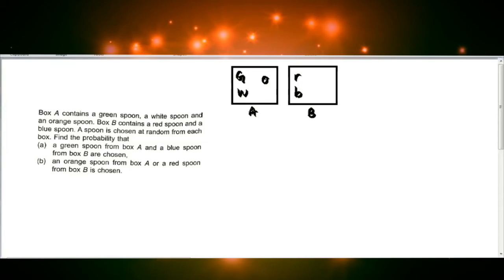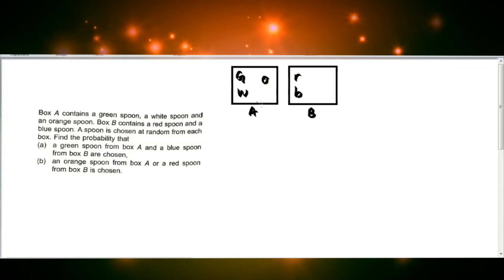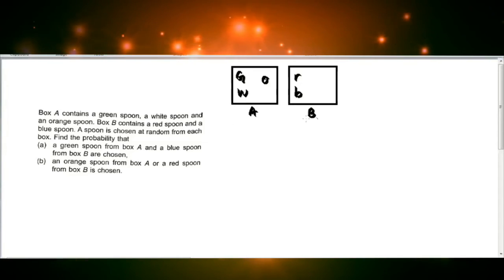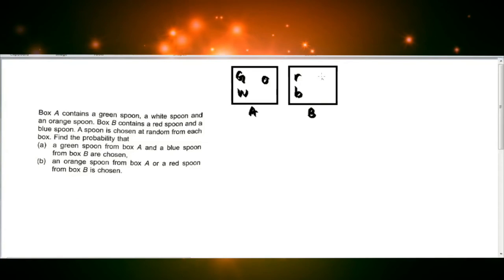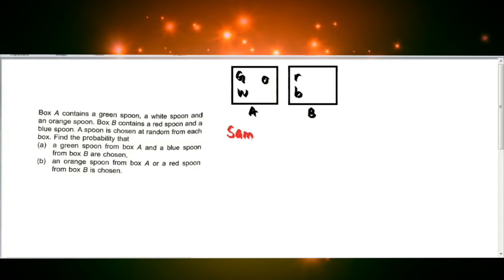Now I need to pick randomly one spoon from box A and one spoon from box B. Remember, before we answer the question, remember to list out our sample space.